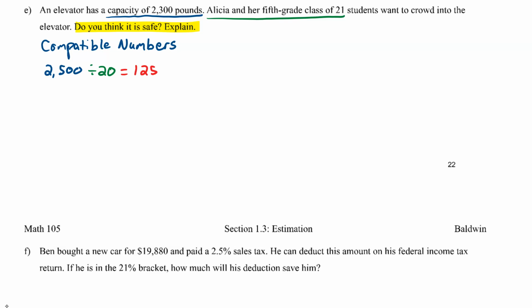But considering we increased the weight capacity and lowered the number of individuals, okay, if we think about, is this safe for all of them to crowd on there? Well, these are 5th graders, so no. The combined weight may exceed the weight limit.